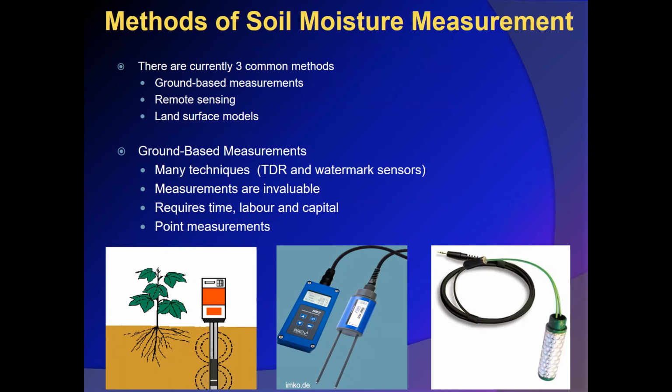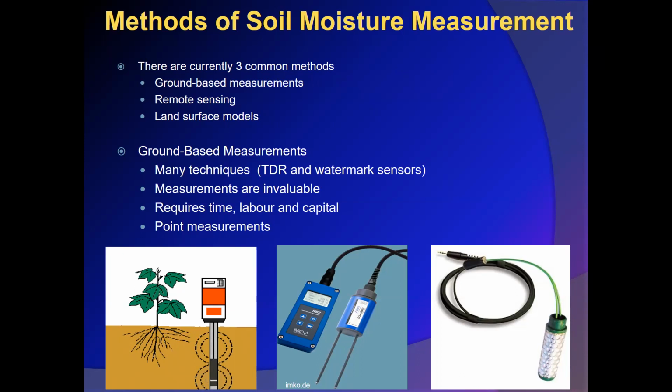That means we have to have lots and lots of points of measurement. We look at different types of TDR and watermark sensors, for example. Those are all the ground-based measurement techniques used to estimate soil moisture. And it's labor intensive. It requires lots of capital and lots of time, and it's point-based measurements.